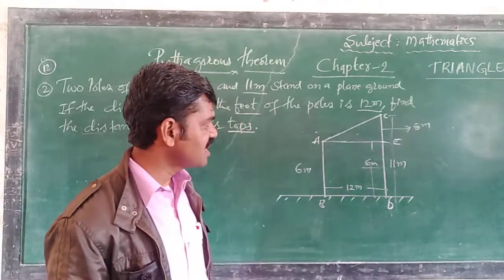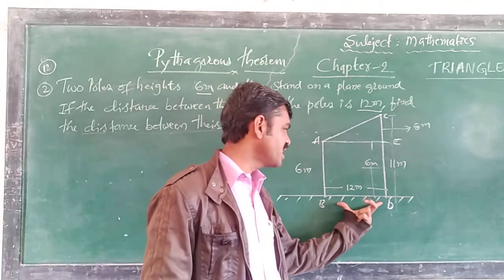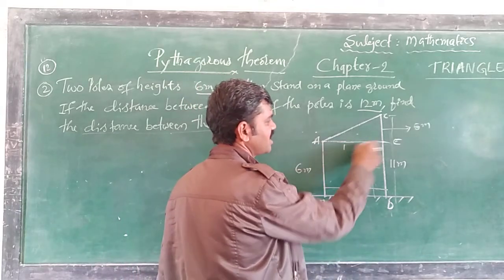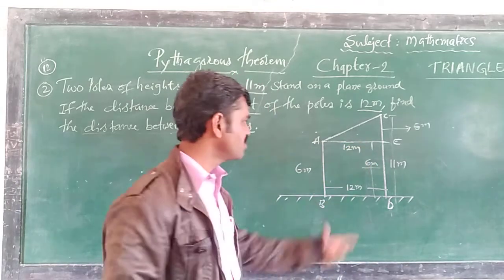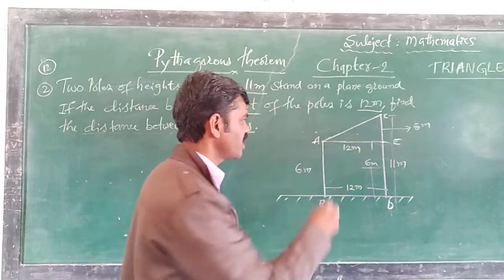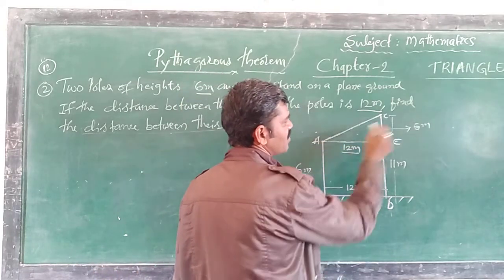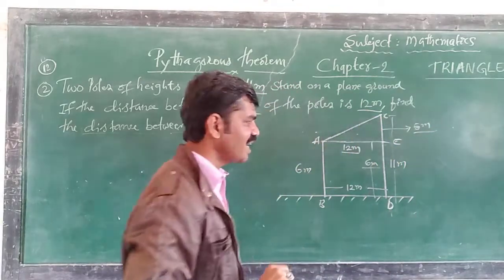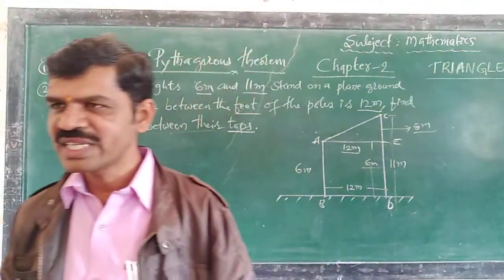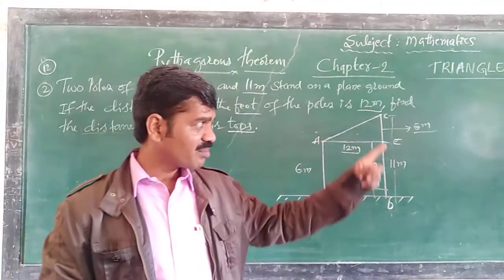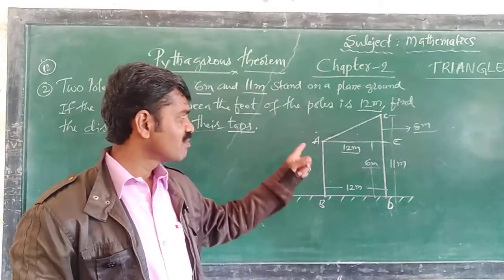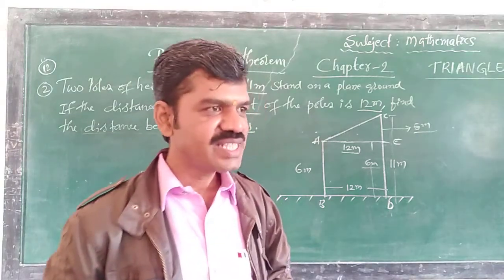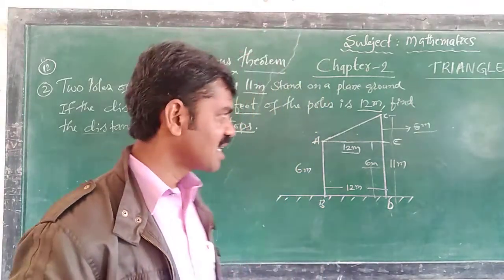And the value of BD is 12 meter. The same value will be there for AE, that is 12 meter, since BD is equal to AE. So we have AE equal to 12 meter and CE equal to 5 meter. The triangle ACE is a right angle triangle. By using the Pythagoras theorem, AC square is equal to AE square plus CE square, we can easily find out the value of AC. Come on, let us solve this.